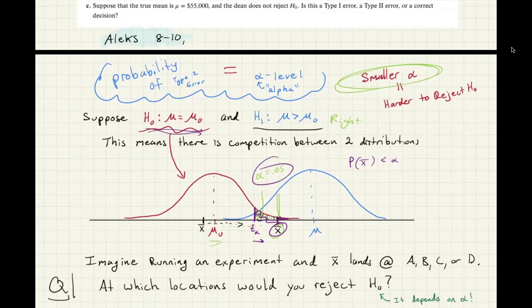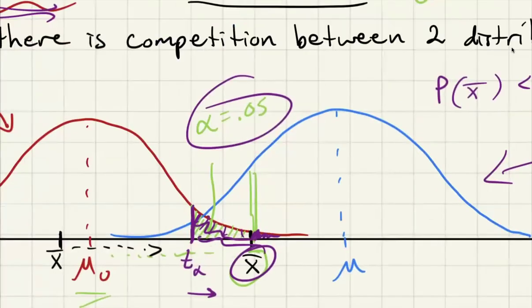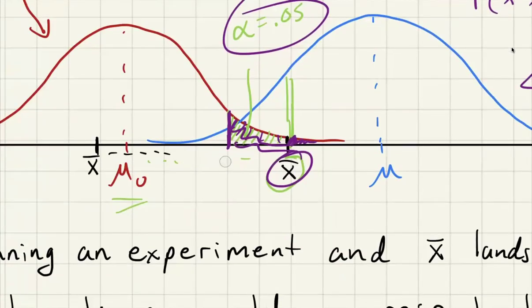What's a type 2 error? A type 2 error is when H naught is false, so now we should look at the blue curve, but yet we don't reject H naught. This is getting kind of busy now, so let me clean this up a little bit. What if X bar was over here? I'm not in the rejection zone, so I'm not going to reject H naught.